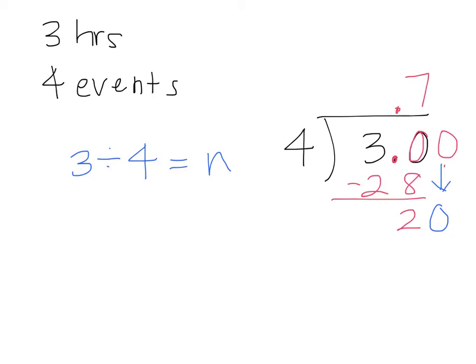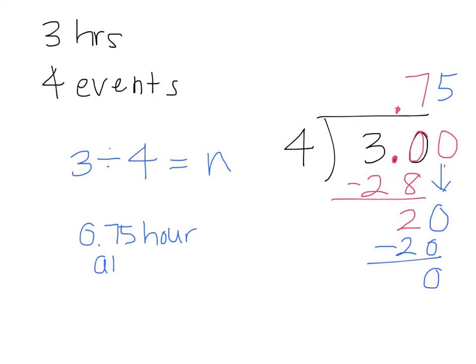So how many times does 4 go into 20? 5 times, right? 4 times 5 is 20. 20 minus 20 is 0. Okay, so I have 0.75, but that doesn't answer my question. My question was, how much time will she spend at each event? So she's going to spend 0.75 hours, or hour because it's not even 1 hour yet, at each event.